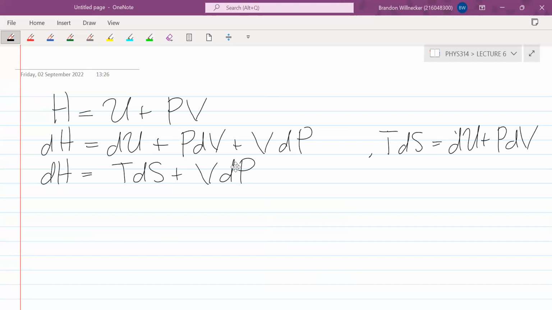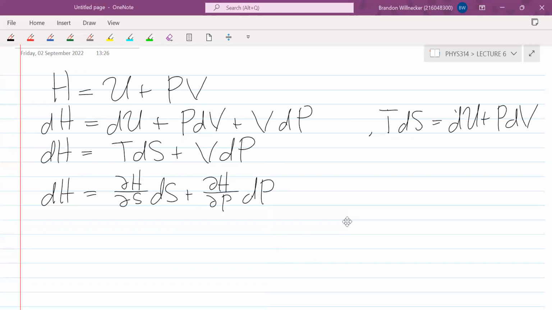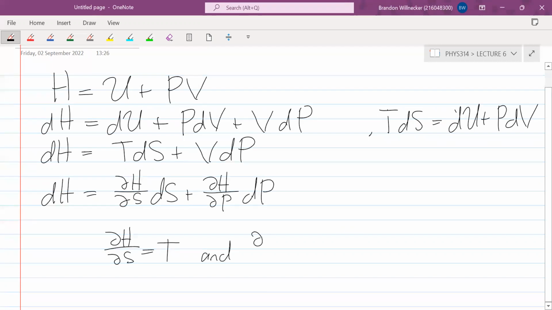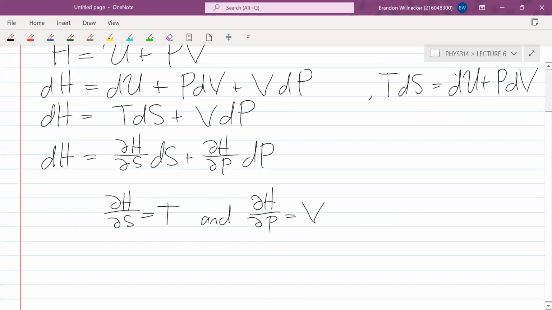We can also write it another way, as dH is the partial derivative of H with respect to S, dS, plus the partial derivative of H with respect to P, dP. Now, this is just two ways of writing the same thing, so we can compare the terms. So dH by dS is equal to T, and dH by dP is equal to V.